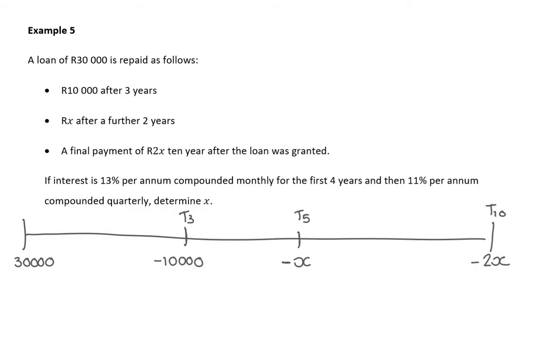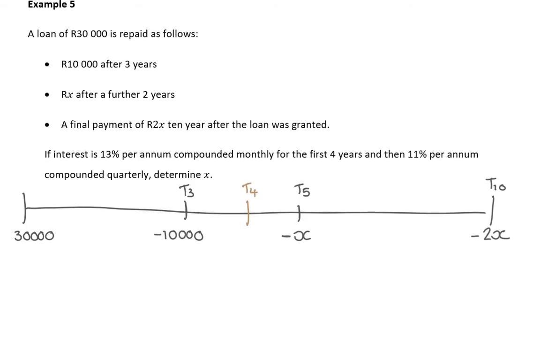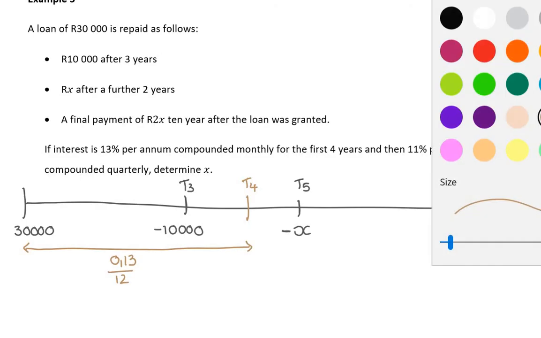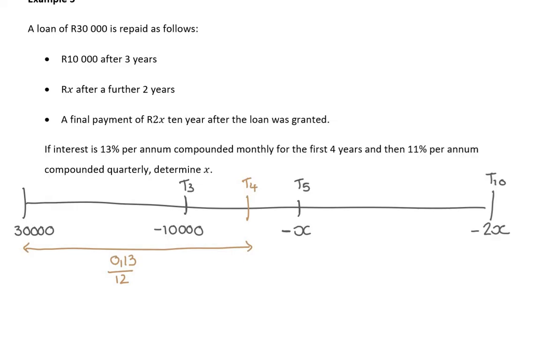If interest is 13% compounded annually for the first 4 years, so my interest rate is also changing. This is a fantastic question. So my interest rate over this time is 13% compounded monthly. Then it changes to an interest rate of 11% compounded quarterly, can I figure out what x is?